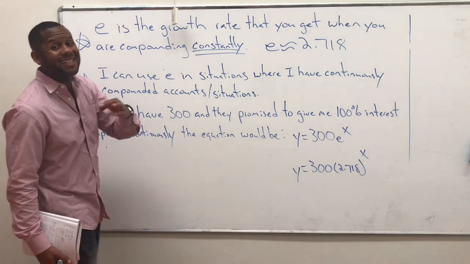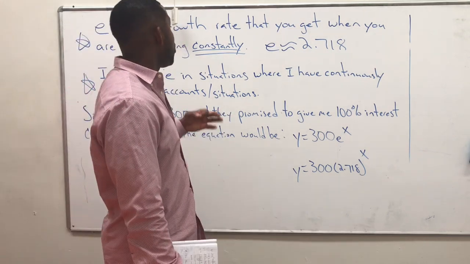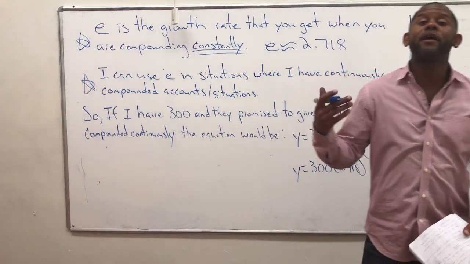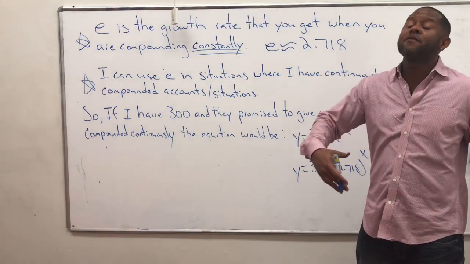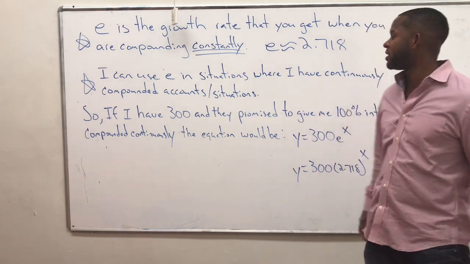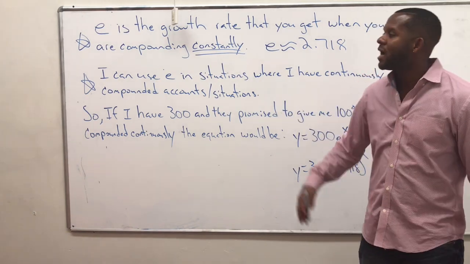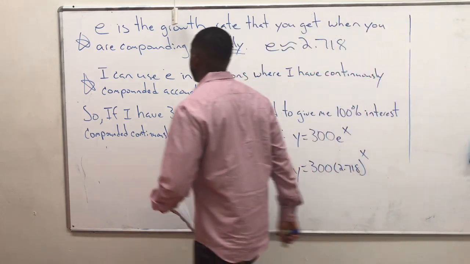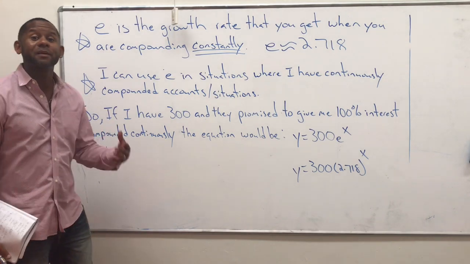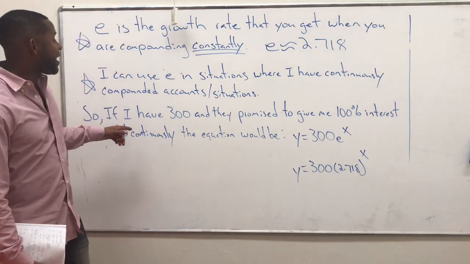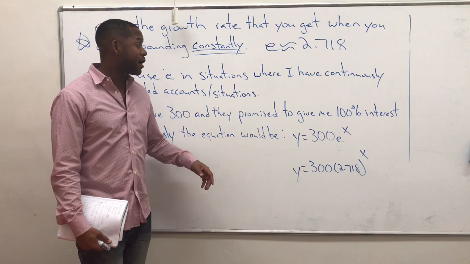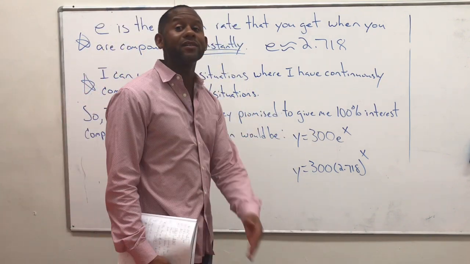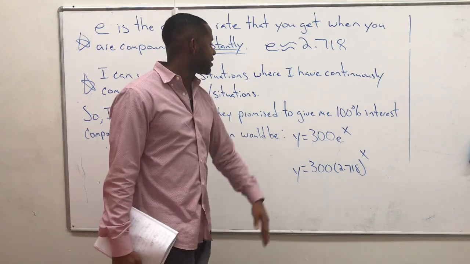So I can use E in situations where I have continuously compounded accounts. And there are accounts out there that say they are compounded all the time, continuously. So when that happens, I use E as the growth rate. Okay? So let's take the same situation. If I have $300 and they promise to give me 100% interest, and it's compounded continuously, I can write this equation.